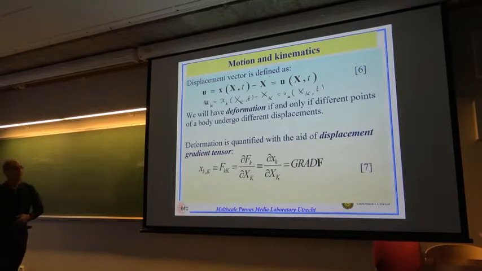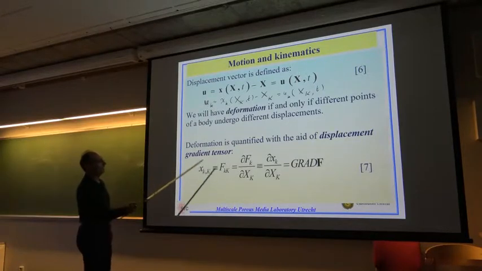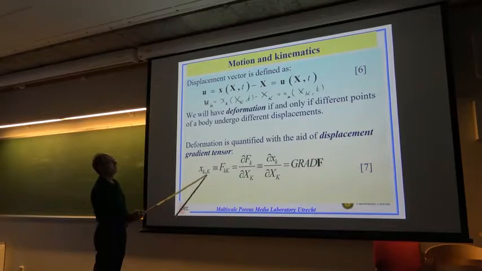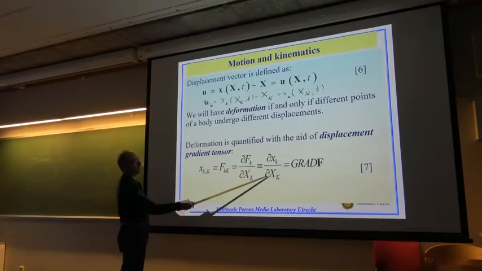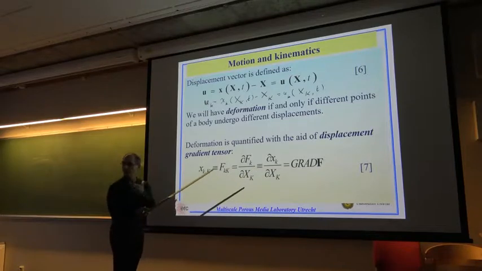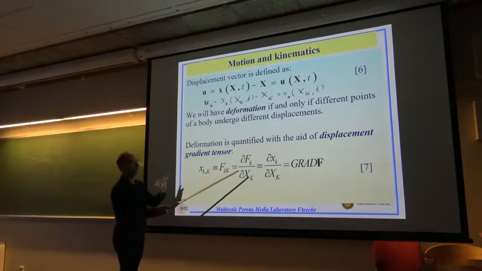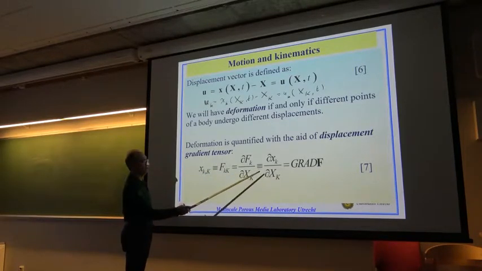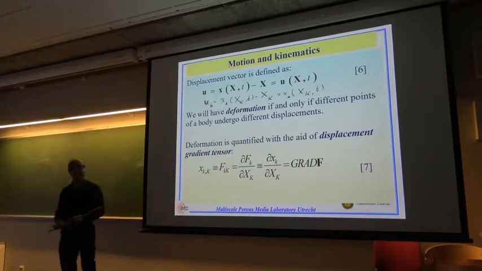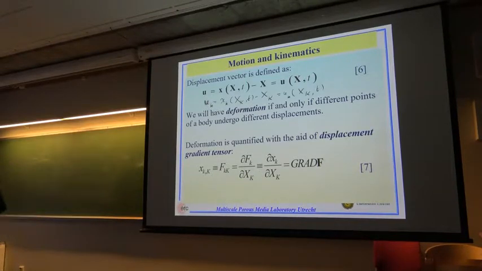So that's why we say there is only deformation if this gradient is not equal to identity, but 1 in tensorial notation is the unit tensor. And so this is a measure of deformation. It's called the displacement gradient tensor.